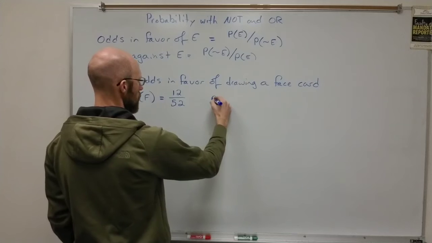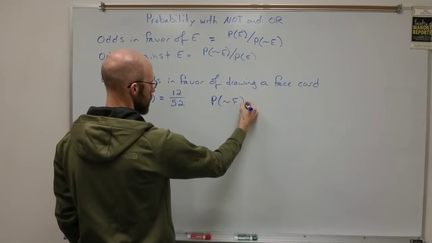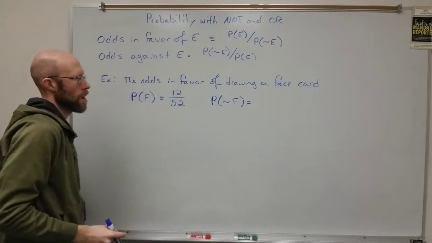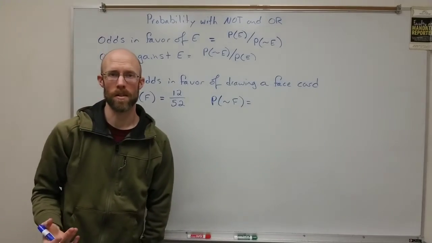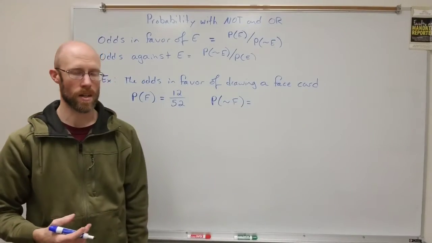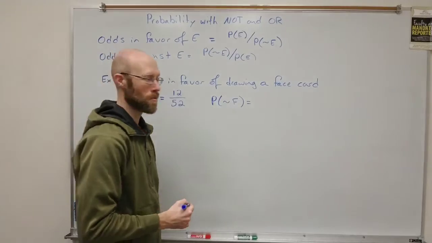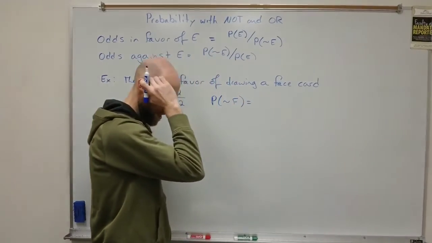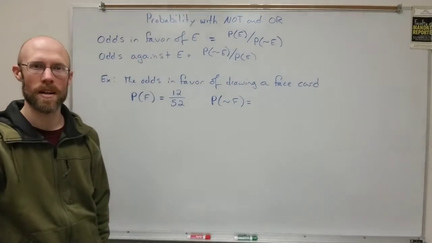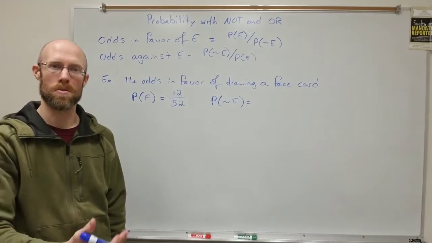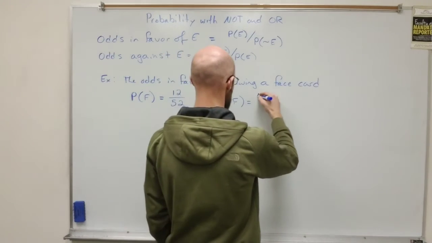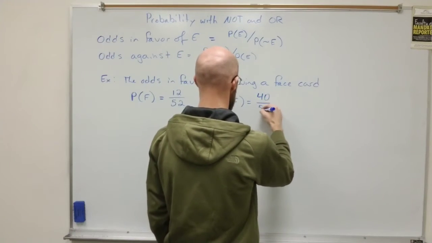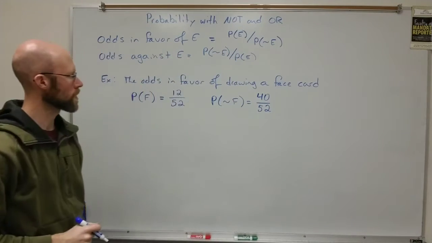The probability of not F: how many cards in a deck are not face cards? Take the 12 off, you get 40. Ace, 2, 3 up to 10, so that's 10 cards per suit times 4 suits, that's 40. So 40 out of 52, okay?